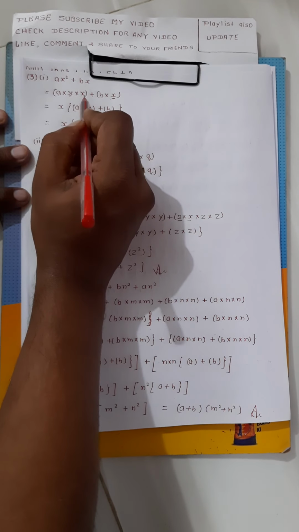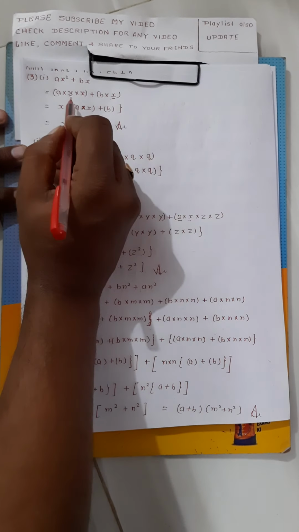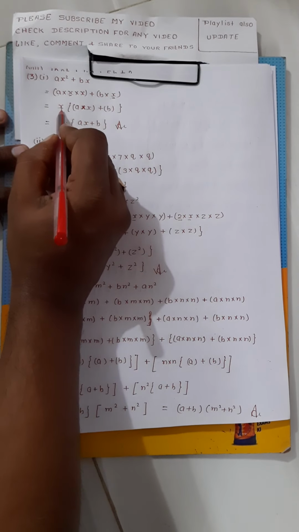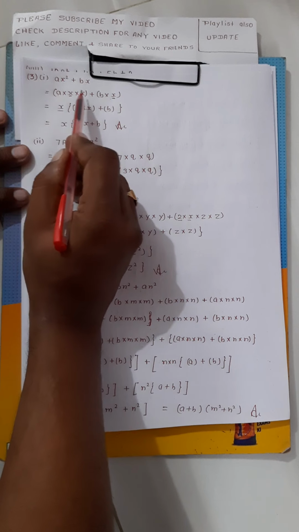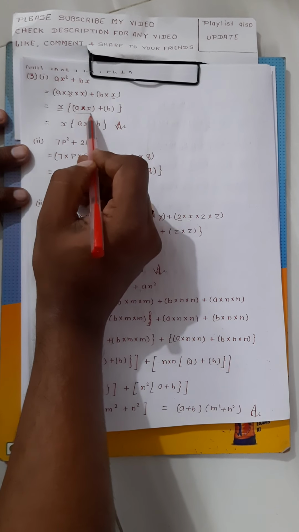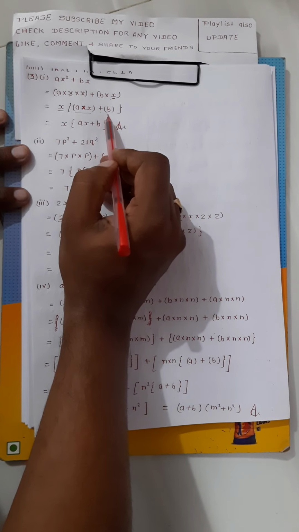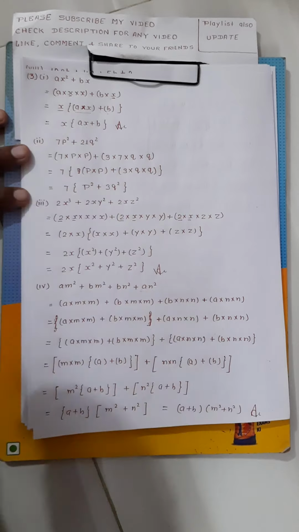For the next x there is no next x, so we take only one x from both terms. Now a will be left here, plus sign as usual, and b will be left here, so our value becomes x into ax plus b.